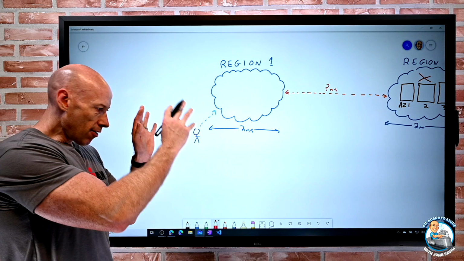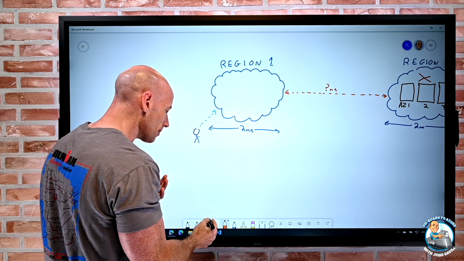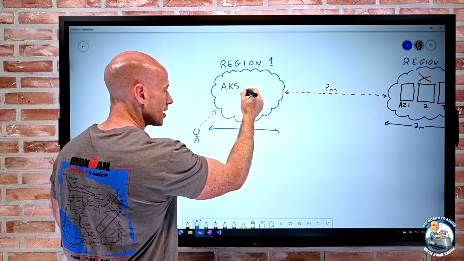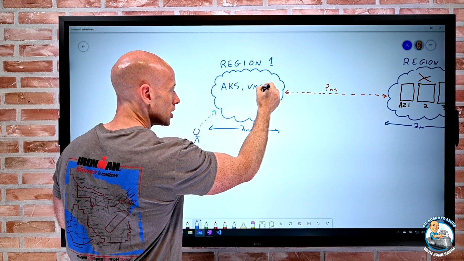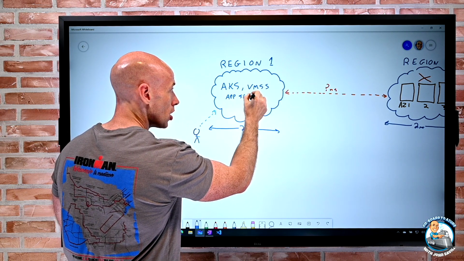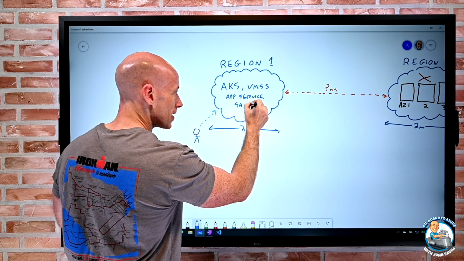So I can think about that region really is a container for all the different types of things I might have. So again, I might have an AKS, a Kubernetes managed service, could be a virtual machine scale set, it could be an app service, a storage account, even most of the databases.